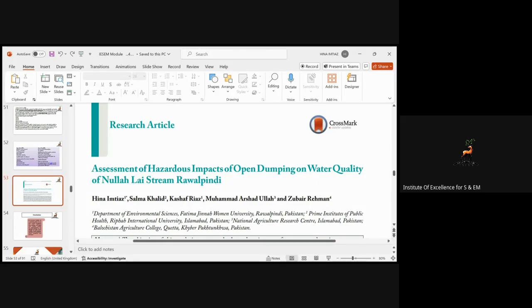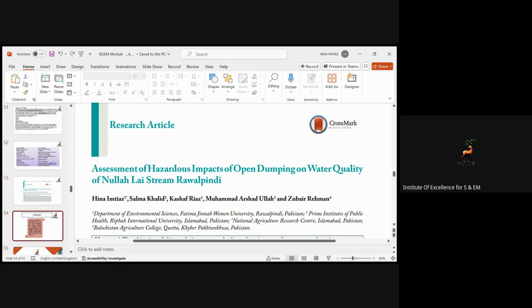If any participant wants to publish a report on solid waste management, I will help you in that. Sometimes people need such a research paper for a promotion or for anything. So this is a very simple method to publish a paper. Otherwise, it's a very difficult task to publish a research paper.